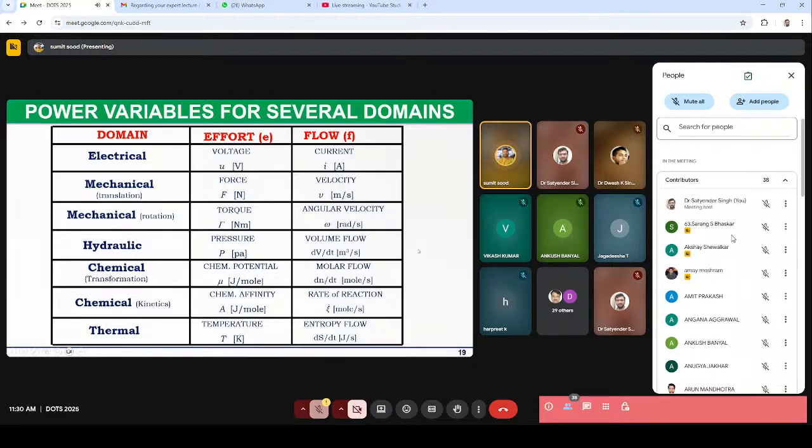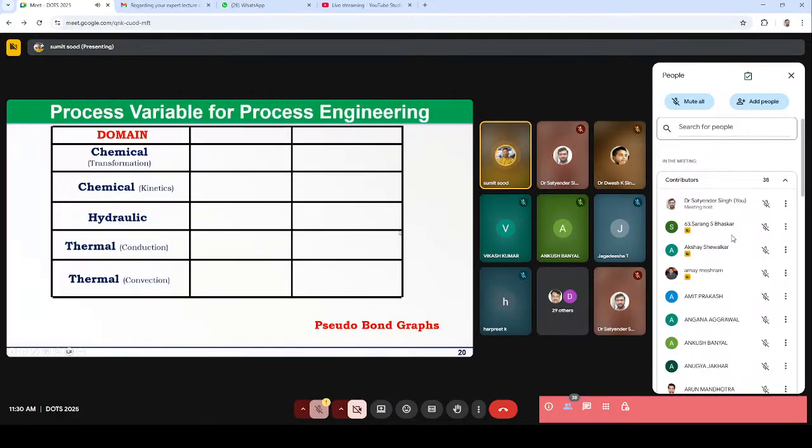But when we talk about complex systems, this might not always be true, because we want to represent certain phenomena in the system in which the product of effort and flow might not be equal to power, but still it follows the structure of the bond graph approach, and it makes it convenient for us to draw. For example, for the hydraulic, we can also consider the effort as pressure, but instead of using the volume flow, we can use the mass flow, but the product of these two will not give you the power.